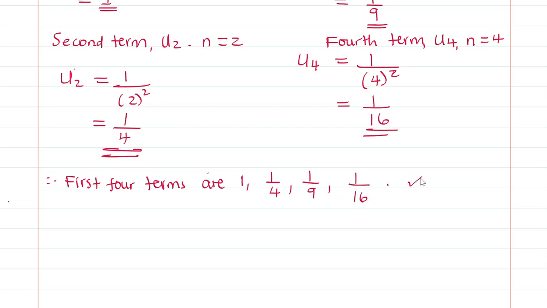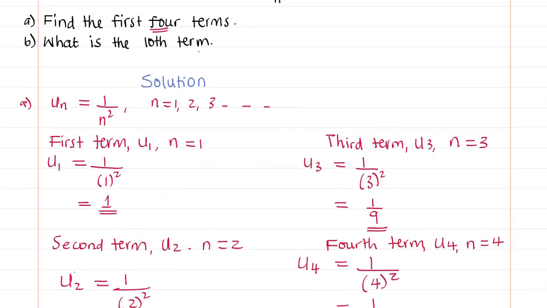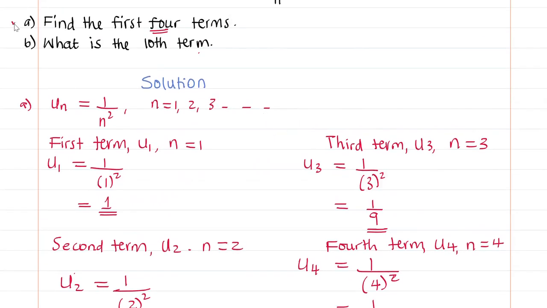These are the first 4 terms that the question requested that we find for part A. What about part B? Part B says, what is the 10th term? In other words, what is the number in position 10 of this sequence?